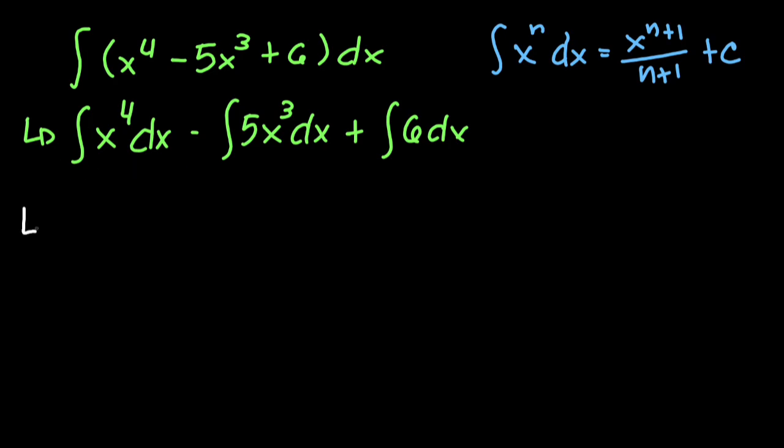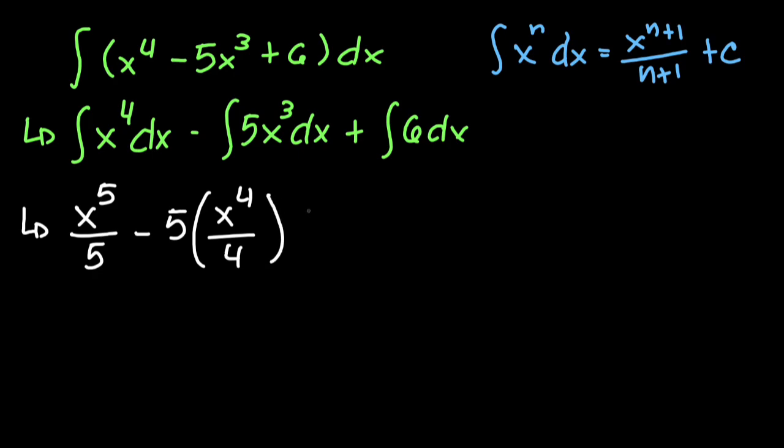The integral of x to the power of 4 would be equal to x to the power of 5 over 5, minus, you can bring 5 outside, 5 multiplied by the integral of x cubed, which is equal to x to the power of 4 over 4, plus the integral of 6 dx.